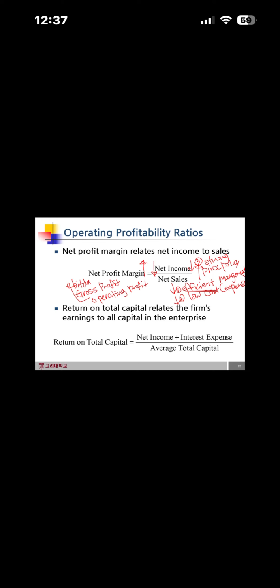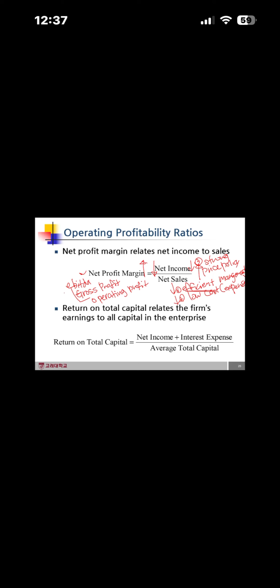For instance, a firm may indeed make a lot of profit in cash, but they can have a somewhat lower ratio if they have greater depreciation and amortization, which is not really a cash expense.